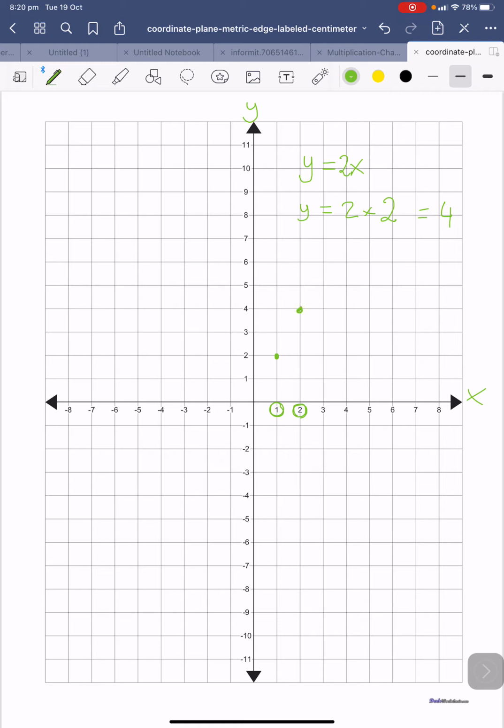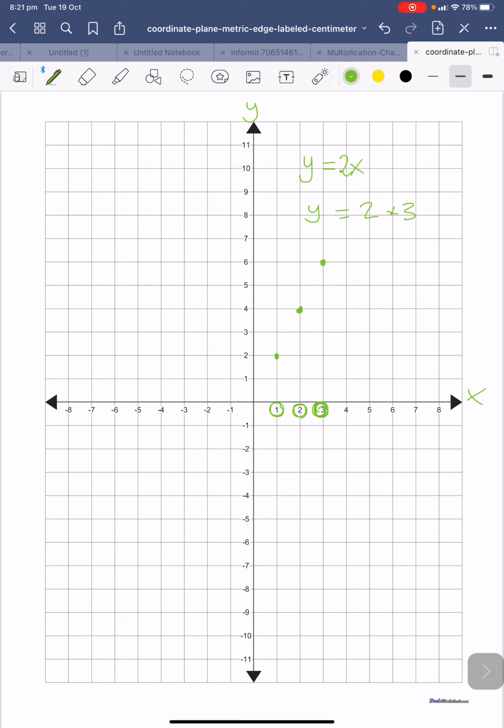So already you can see this is going up at what appears to be quite a predictable rate, but let's keep testing it to see whether or not this relationship will result in a nice straight line. Let's plug in the number 3 for our x value. 2 times 3 is equal to 6. So when the x value is 3, the y value is going to be 6.